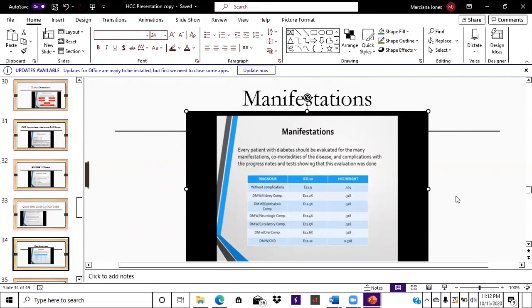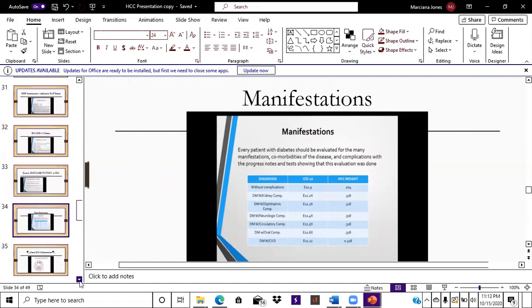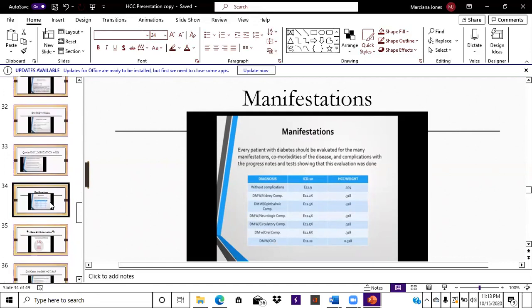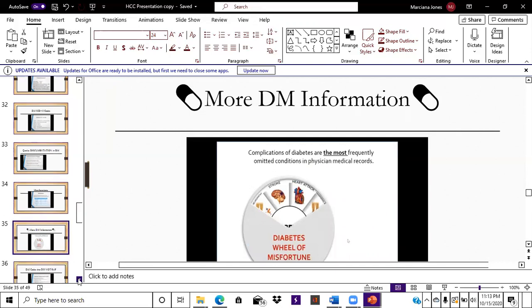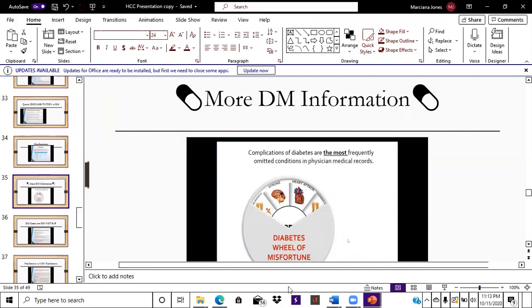So when you have diabetes, you have a lot of other diseases that can manifest. And so the doctor is responsible for managing or evaluating and running tests to make sure that their patient doesn't have any manifestations of the disease. The complications of diabetes are the most frequently omitted conditions in the medical record.